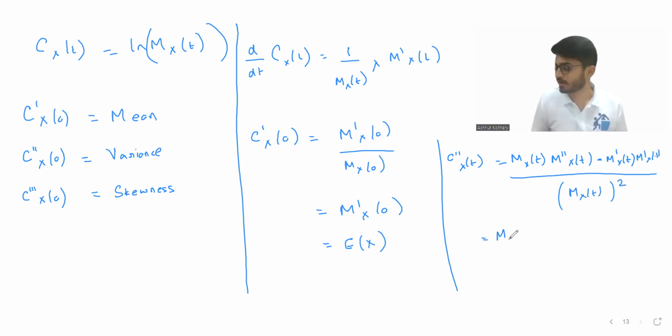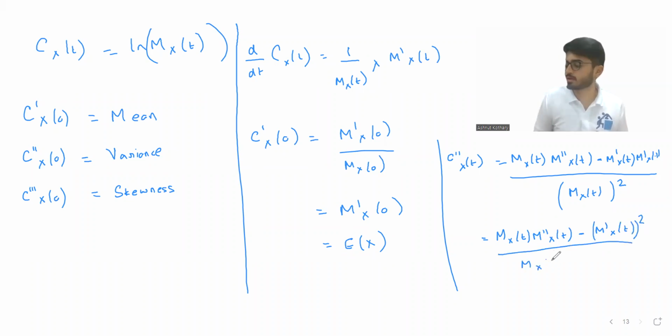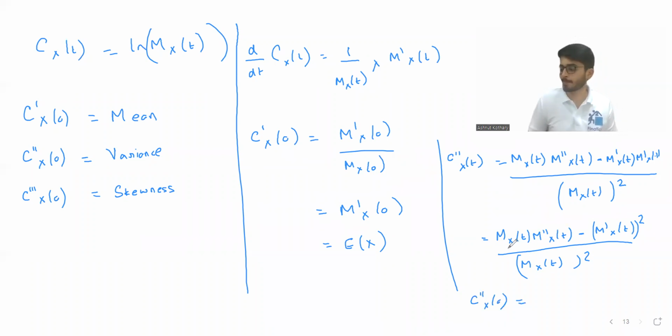This reduces to M_X(t) M''_X(t) minus M'_X(t) whole square, by M_X(t) whole square.